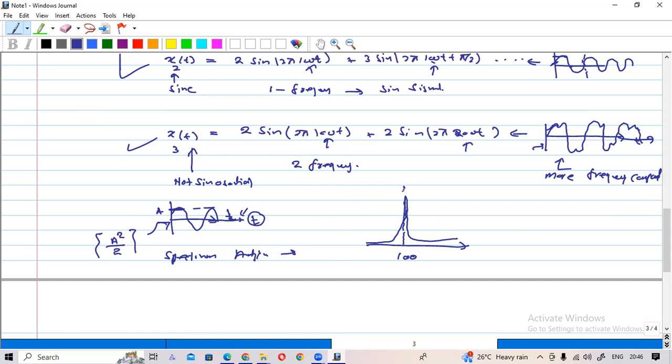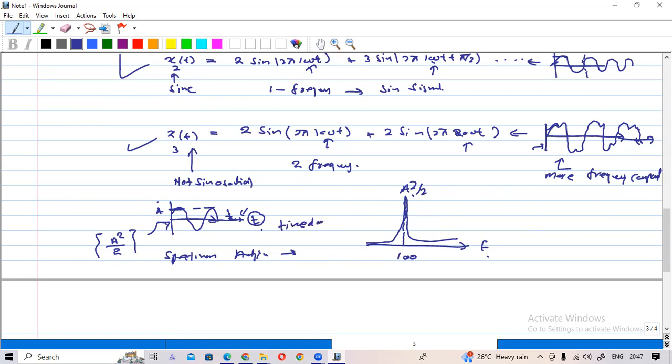So it is frequency versus power. Here it is time versus voltage or power; you can also plot the power. This is frequency versus power, normally power, not voltage.